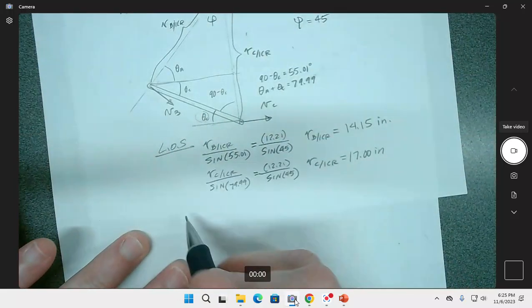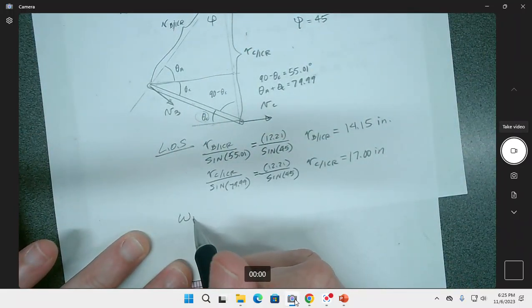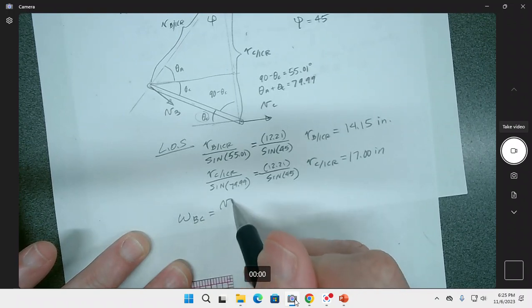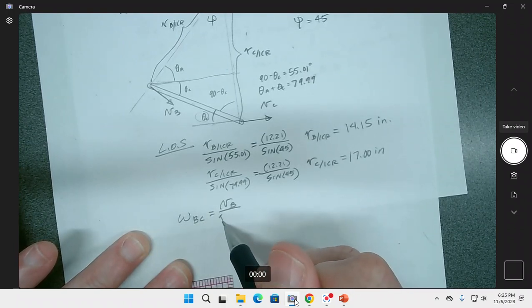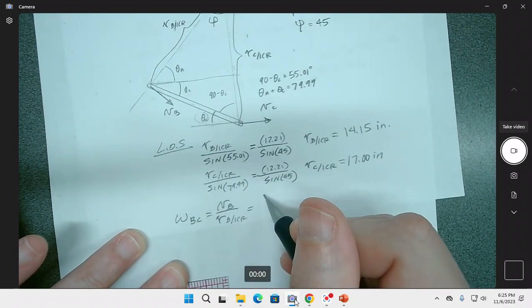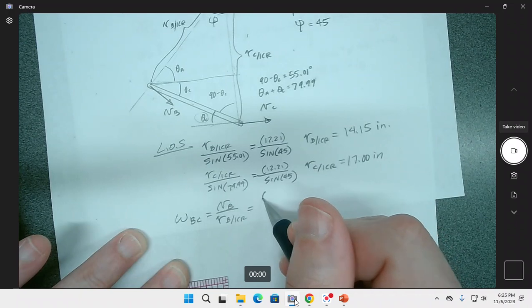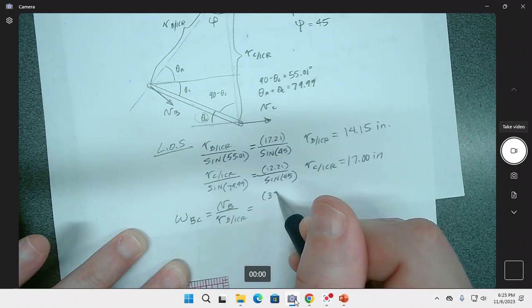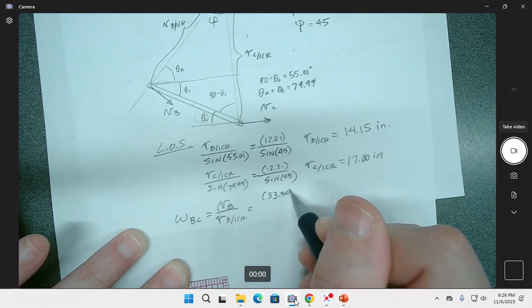And now I can find omega BC by taking VB and dividing it by RB with respect to ICR. The VB that I got up above was 33.94. That's probably what I messed up somewhere.